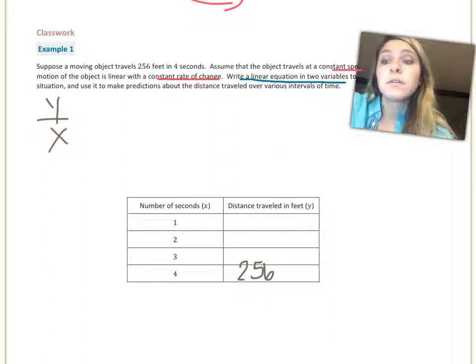So I can set up my proportion y over x equals, remember my y, take a look at my table, distance traveled is referred to as y. So I'm going to put 256 feet on top. And in 256 feet, 4 seconds is being traveled, and 4 seconds is my x, so 4 goes on the bottom.